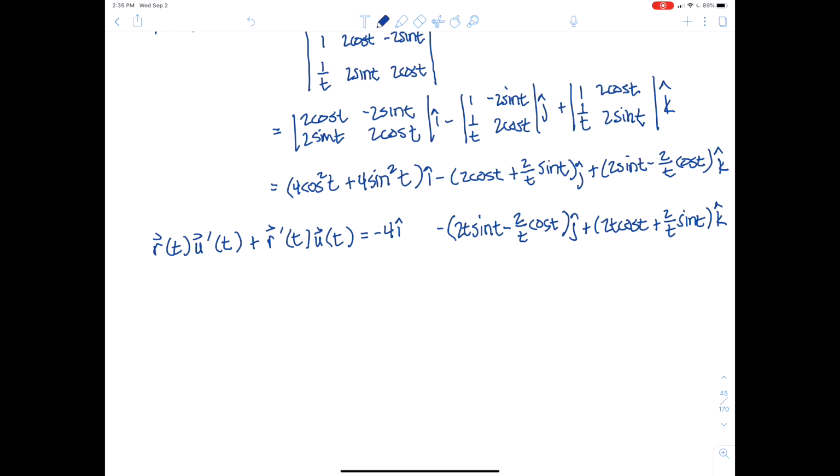And now we've got this other one already. So I'm going to go ahead and add this below. So plus, I'll do it in a purple. Actually, do you see that if I factor out a 4, I'll get 4i, and then we'll have minus 2 cosine t plus 2 over t sine t times j, and then plus 2 sine t minus 2 over t cosine t times k.